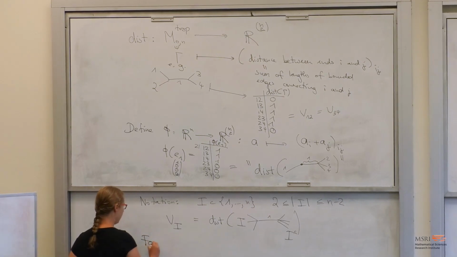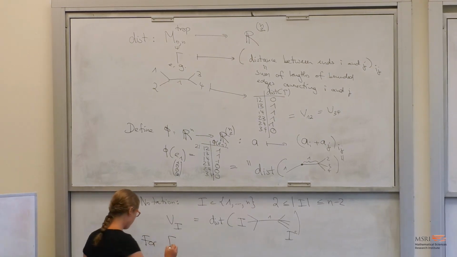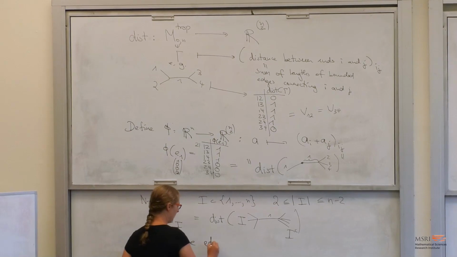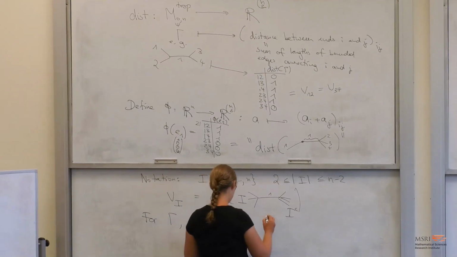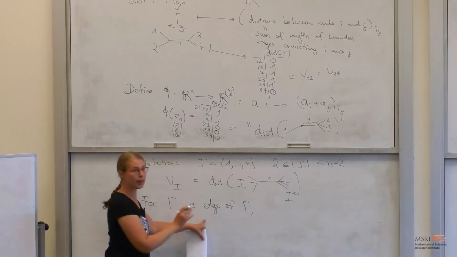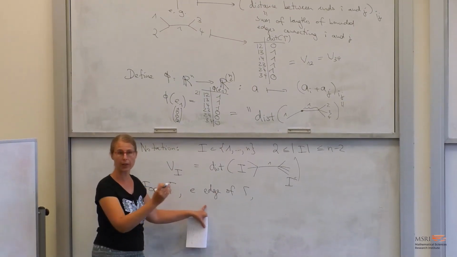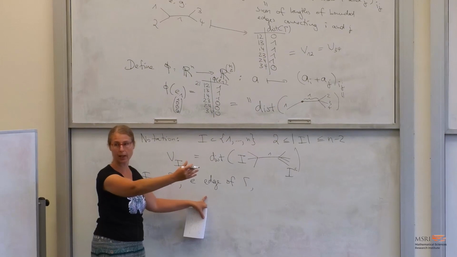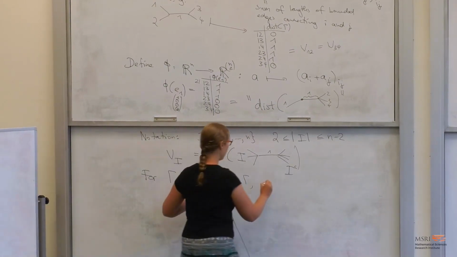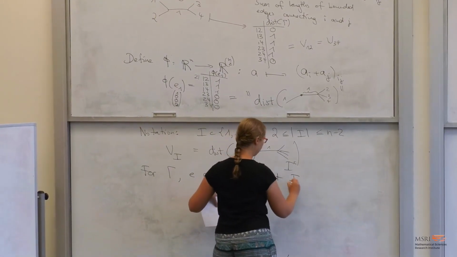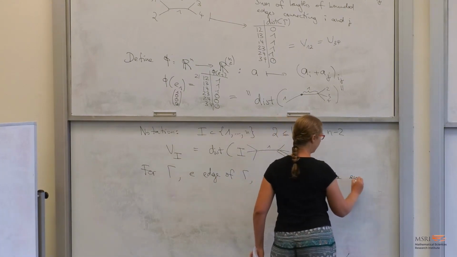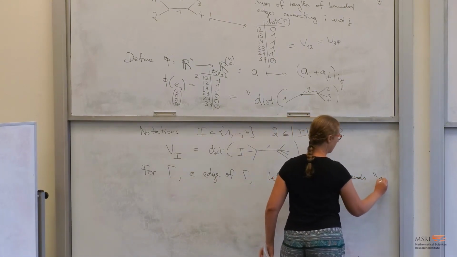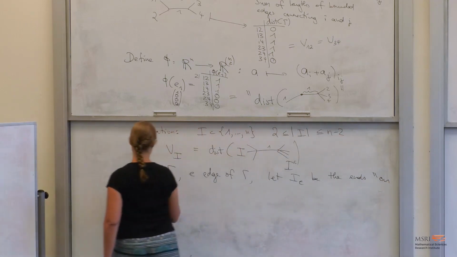if I have any tree gamma, and an edge E of gamma, removing this edge E provides a partition of the ends that are on one side and the ends that are on the other side. Let I_E be the ends on one side. Let me put it like this.